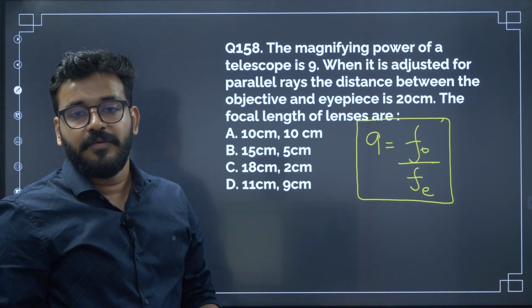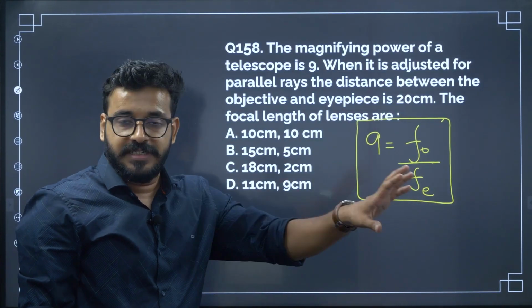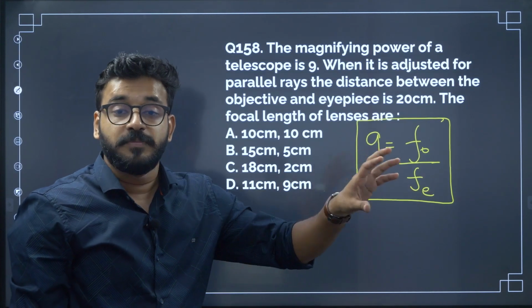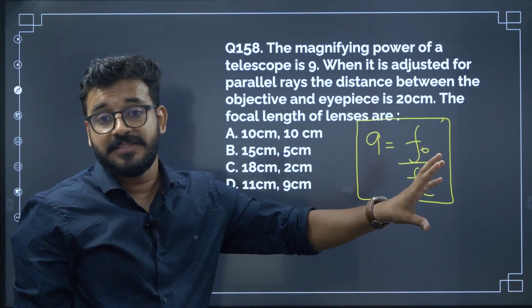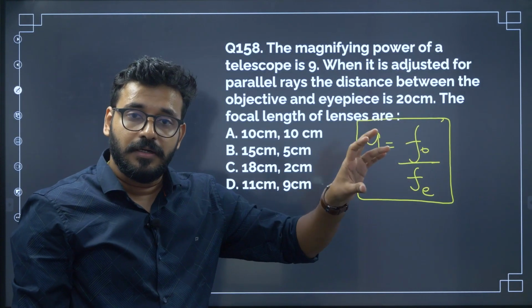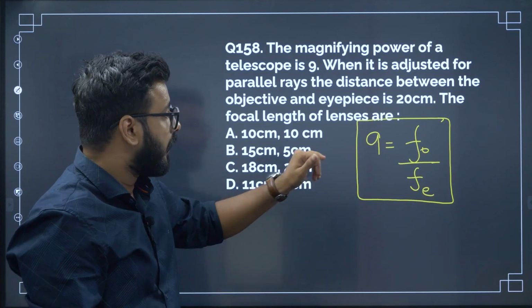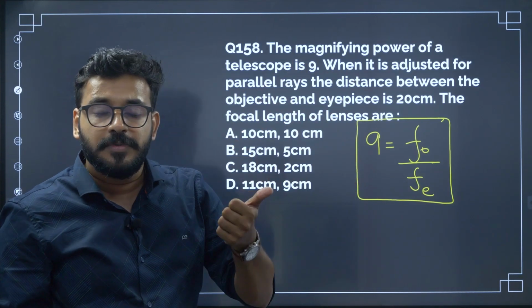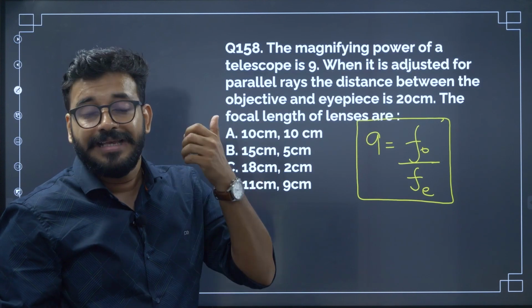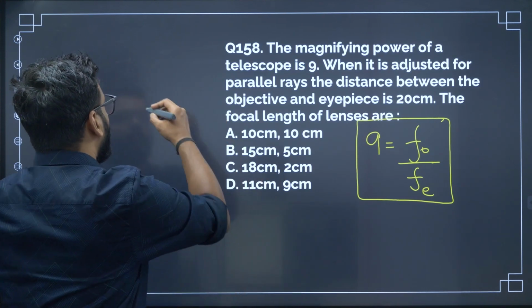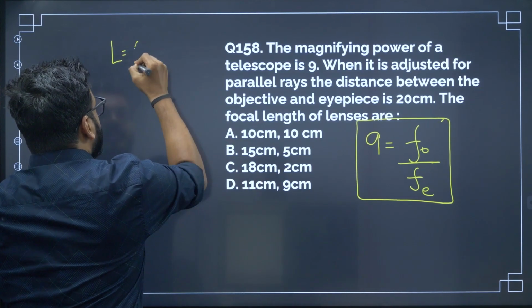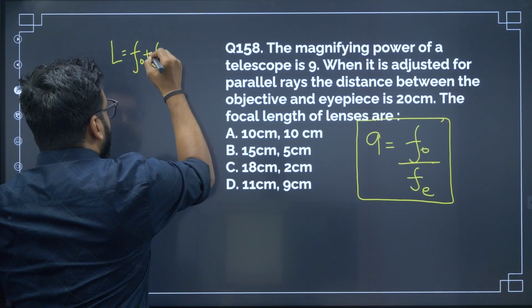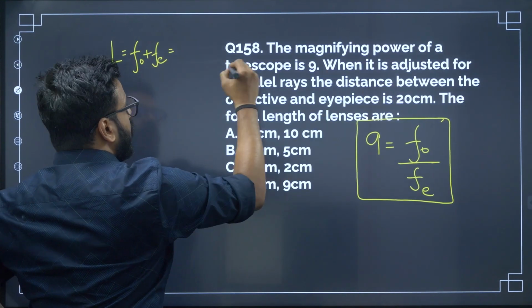The magnifying power of a telescope is the ratio of the objective lens focal length and the eyepiece focal length. Now, the distance between the objective and eyepiece, what is that? That is the length of the telescope. Length of the telescope is given by FO plus FE, which is equal to 20.